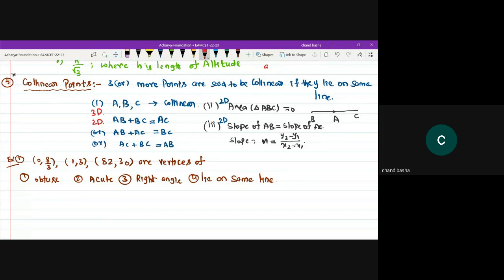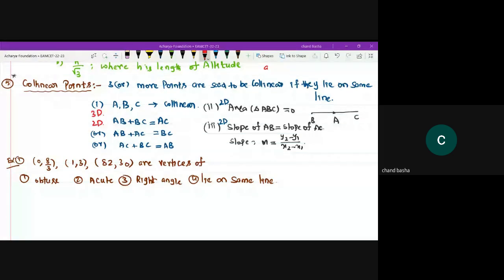So let's go for the vertices of the obtuse, acute or right triangle. As I told, whenever a line segment is given, you can go for the collinearity concept. Try to find the slope of AB and the slope of AC, and identify whether my answer is correct or not. First, I'll go for option number 4.